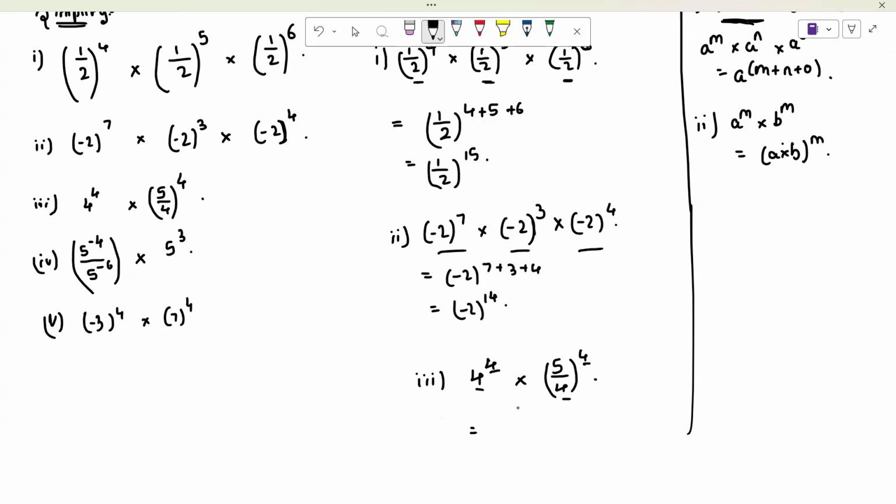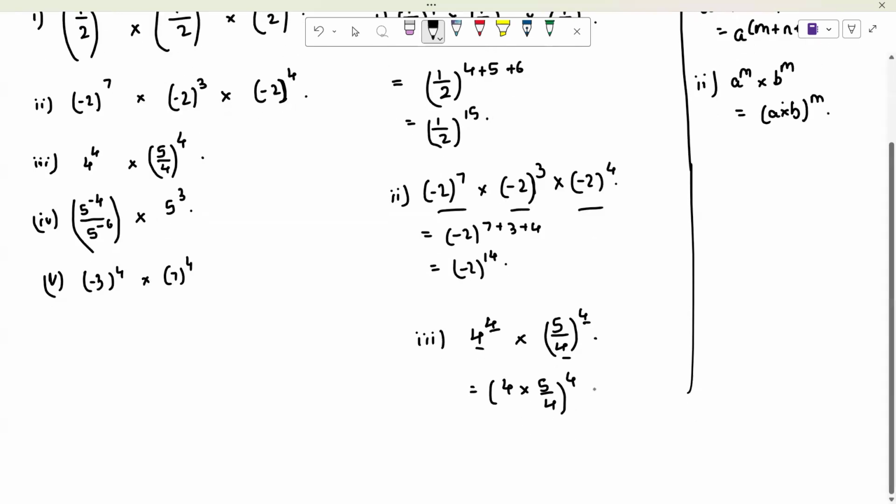So let's see. 4 power 4 into 5 by 4 power 4. That means 4 into 5 by 4 power 4. That will give you nothing but this 4 will cancel and 5 power 4.